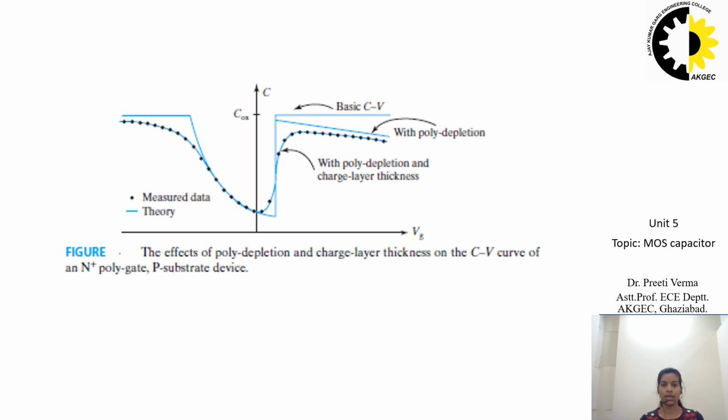T oxide E is deduced from the inversion region capacitance measured at Vg equal to VDD. One may think of T oxide E as an effective oxide thickness corresponding to an effective gate capacitance, the sum of T oxide and the other three values.